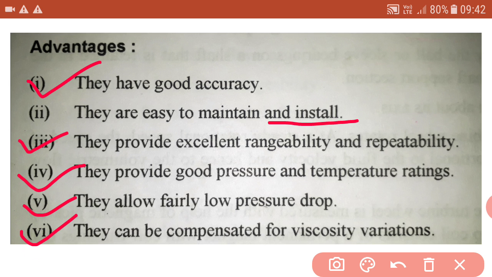They can be compensated for viscosity variations. We know that viscosity of different fluids is different, so it is compensated for viscosity variations. So these are the advantages of the turbine flow meter.